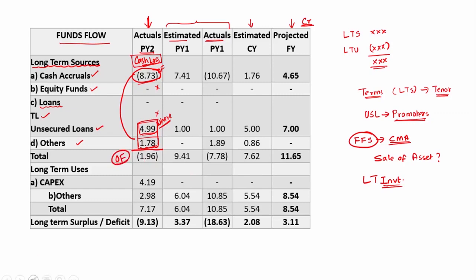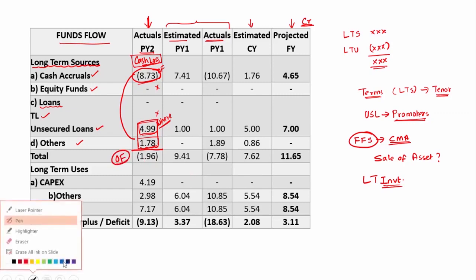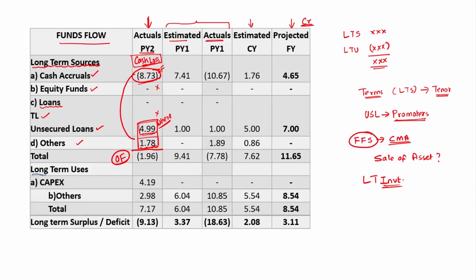And now let us also look at the uses where they have used. Long-term uses, see, the long-term uses can be towards capex, capital expenditure. It can also be towards repayment of loans. Okay, many things like that. So here, if you notice, in previous year 2, despite incurring such huge loss, they were investing on capital assets.